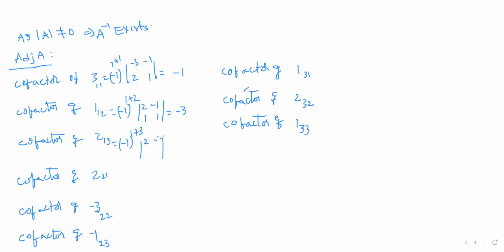Minus 1 whole power 4 means plus 1 only, 4 plus 3 is 7. Next, minus 1 whole to the power of 2 plus 1 into determinant of 1 2, 2 1.